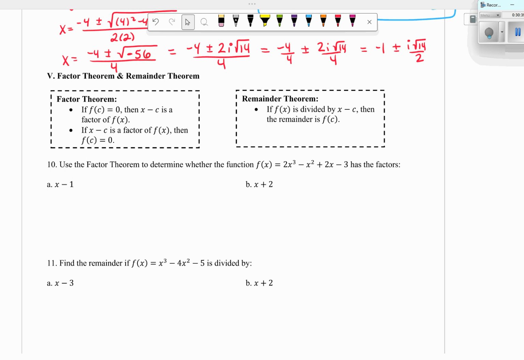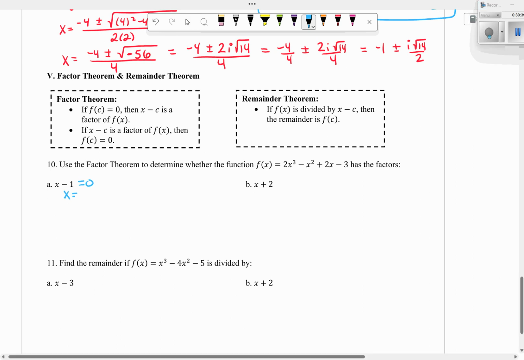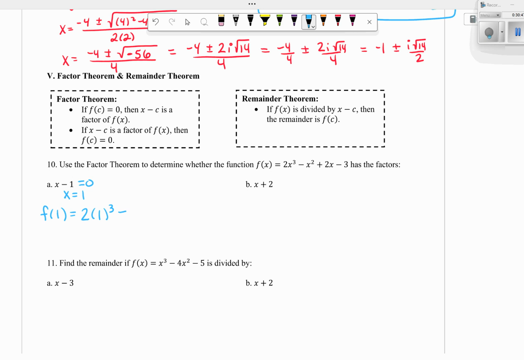So if you find the 0 here first, we get x equals 1. So if I do f of 1 and plug that into my equation, then if I get 0 for an answer, that tells me it's going to be a factor. If not, then it would not be.